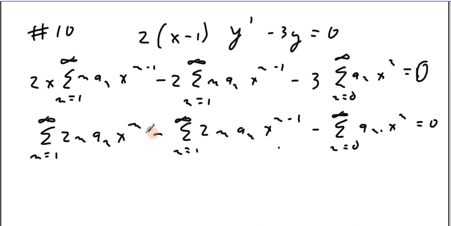Okay, well, I have x to the n, x to the n, x to the n minus 1. So I'm going to do a substitution, and I'm going to say n is equal to n plus 1 for the middle summation sign.